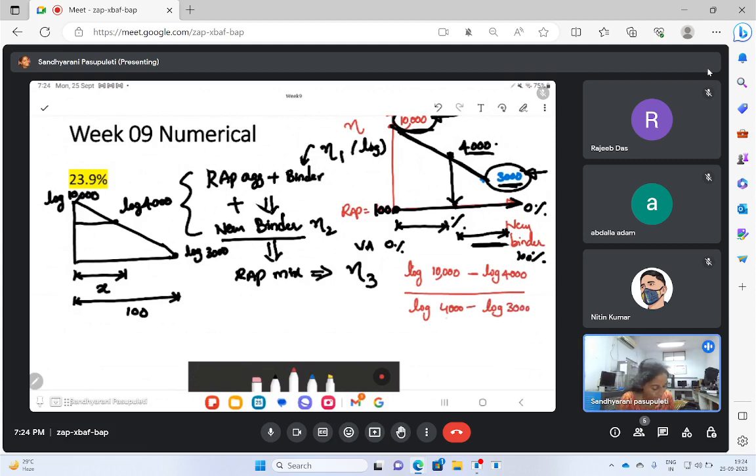This will be on left hand side, and this you can equate as, that means I am saying that this log of 10,000 minus 4,000. So you will get this part divided by log of 4,000 minus 3,000. Then you will get this small part.